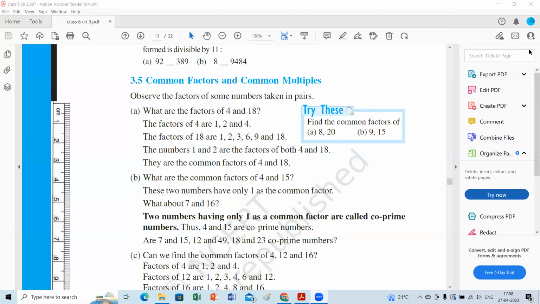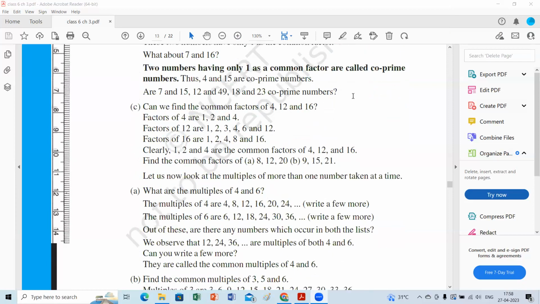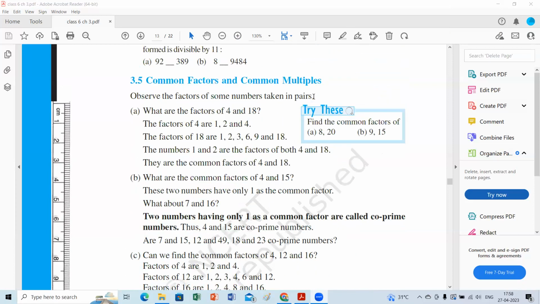Sritej, what are common factors for 11 and 13? Just 1. Only 1. So the HCF of co-primes is always 1, right? So can we call 11 and 13 co-primes? Yes, very good. Good question, Advika.